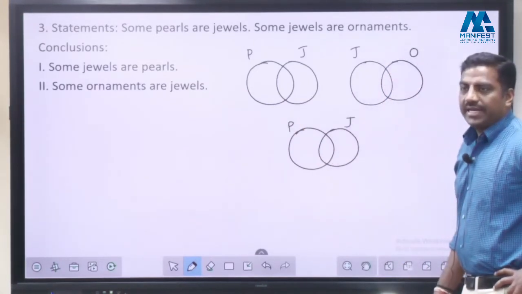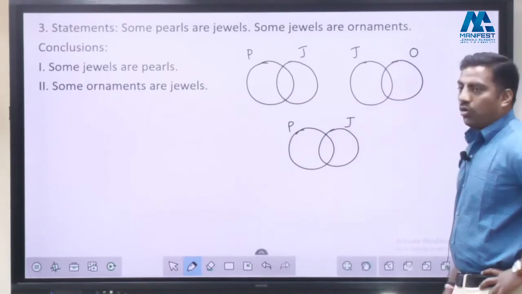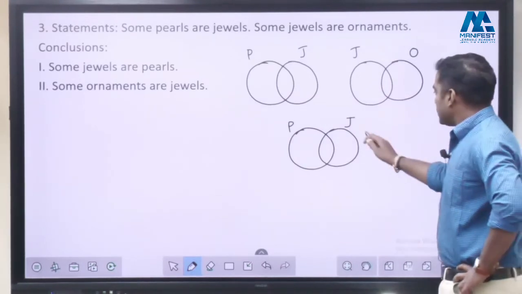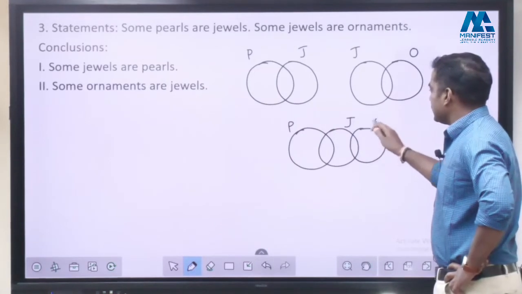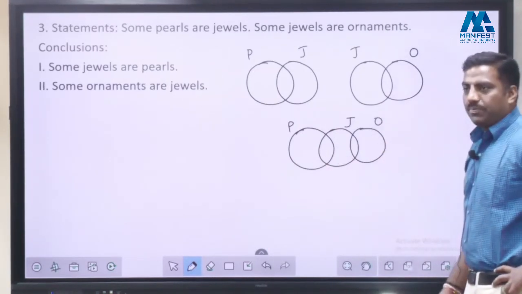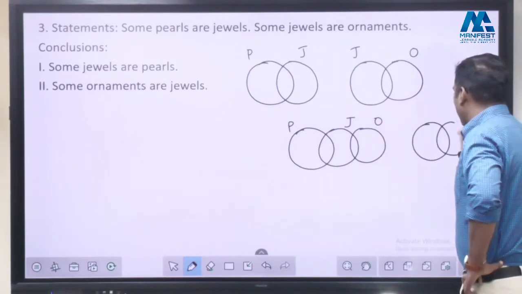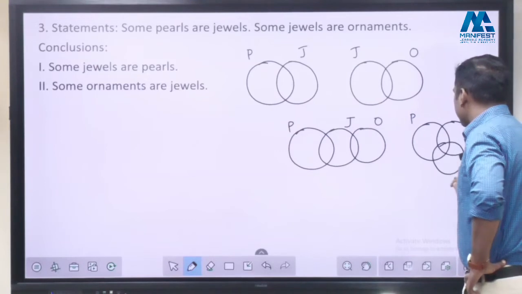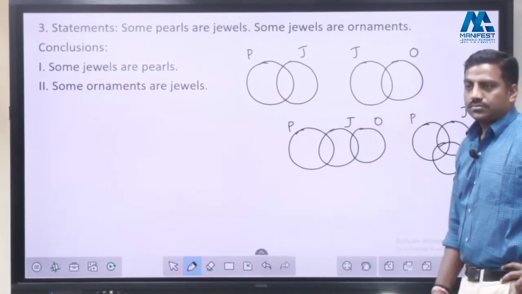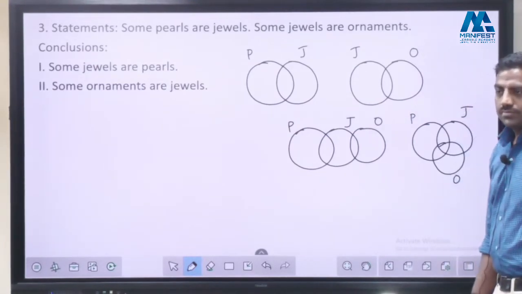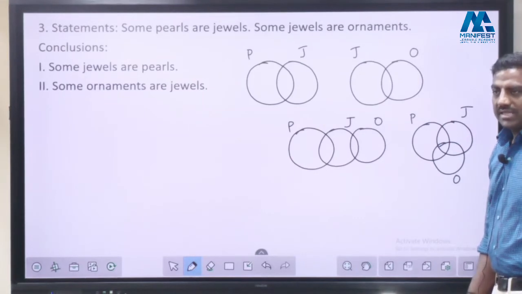Keep P and J intact. Now I want O. The simplest way of writing O is this. Simply don't create a relation between P and O. If you create a relation between P and O, it will appear like this. Yes or no?